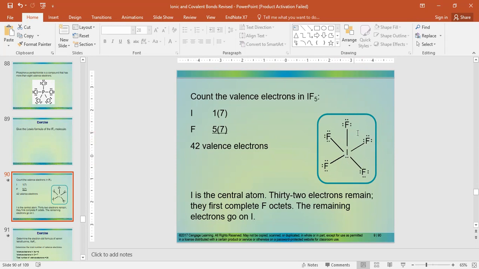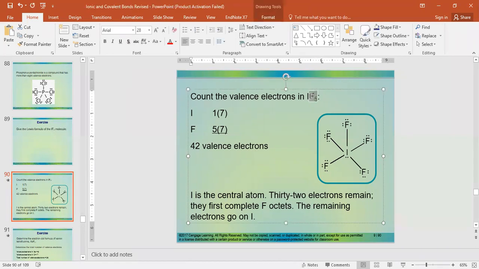So that one is giving us a total of 10 electrons. Now, what is the total number of valence electrons that we have here? This compound has 5 fluorine atoms, and each of them has 7 electrons. So this alone gives us 35. Then the iodine alone, which is also a halogen, has 7 valence electrons. So the total is 42.